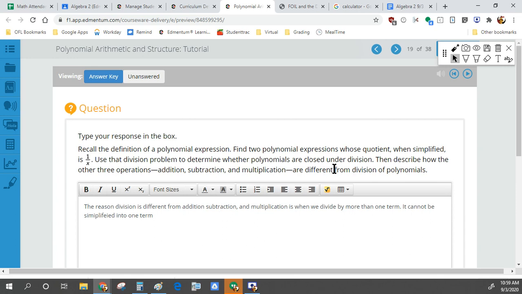So that's the idea of what I got over here when I said something like 3x plus 2 divided by x plus 2. You can't simplify this always. You cannot.